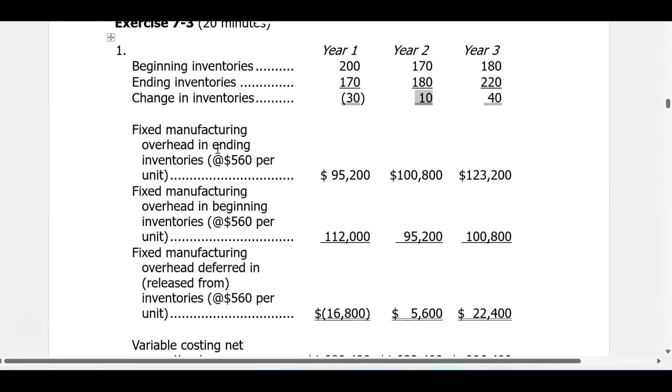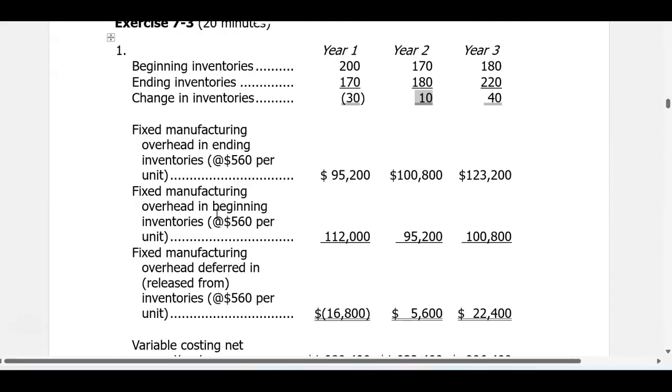So here, the fixed manufacturing overhead in ending inventory is 180 times 560. Ending inventory is 180. Yes, 180 times 560. Let me calculate that. That's $100,800. Correct.